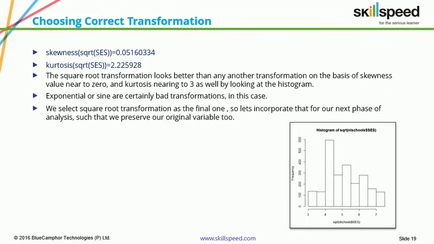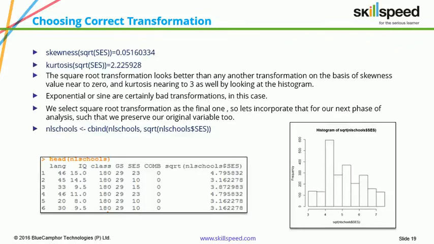So we have seen this transformation. Now we will like to add a variable in our data frame NL schools, and so let's add it. Usually we would not delete the previous variable, but we would certainly add the new variable in our data. It looks good so far.